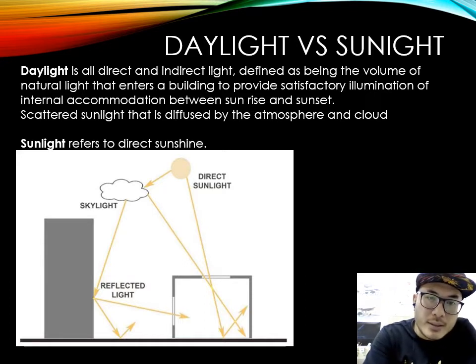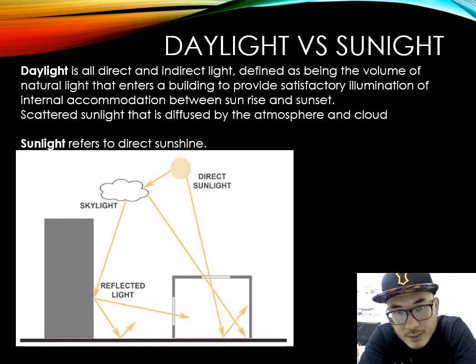With this diagram, we can see that the reflections of light or refractions of light are actually called daylight.